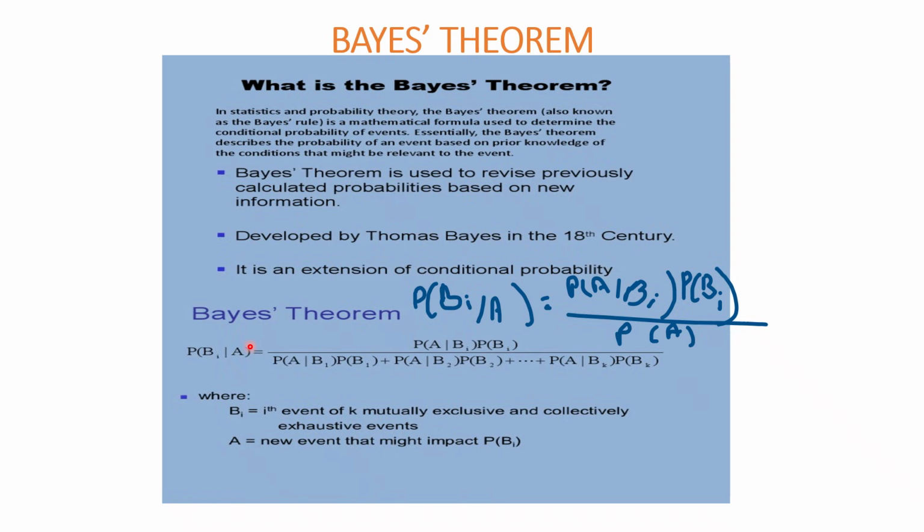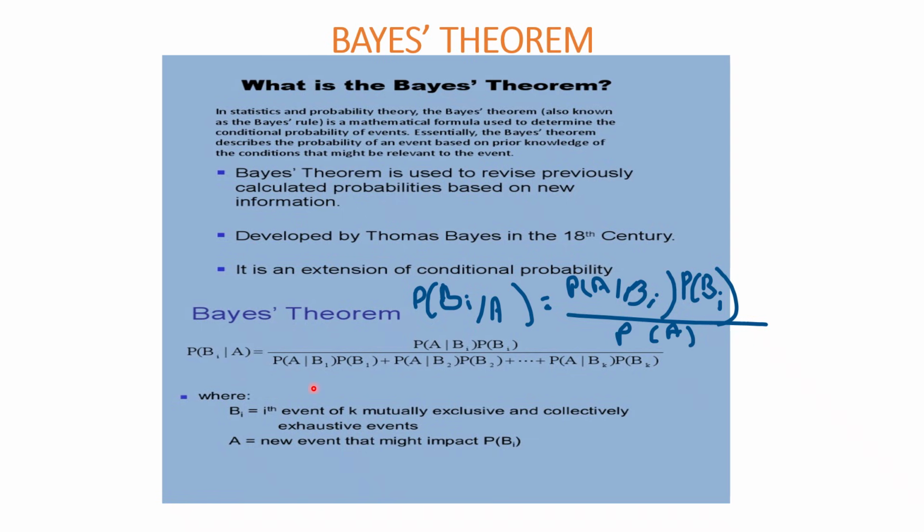Same thing was there. So, comparing with that case, probability of Bi given A will be written according to this formula: P(A given Bi) into P(Bi) upon P(A). And P(A) is nothing but the total probability theorem. So with this, the whole thing will be written like this.